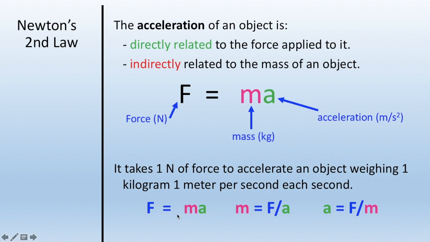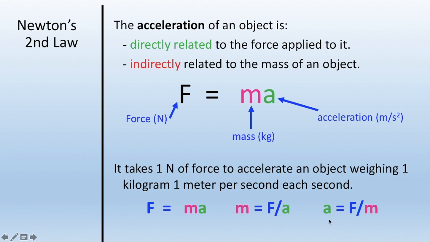Here we have the original equation of F equals ma, which is the same one right here. But notice that I moved the variables around, so sometimes you're going to be asked to solve for the mass. And if you do that, then this is the equation to solve for mass using the same original equation above. If we solve for mass, we have m equals F divided by a.